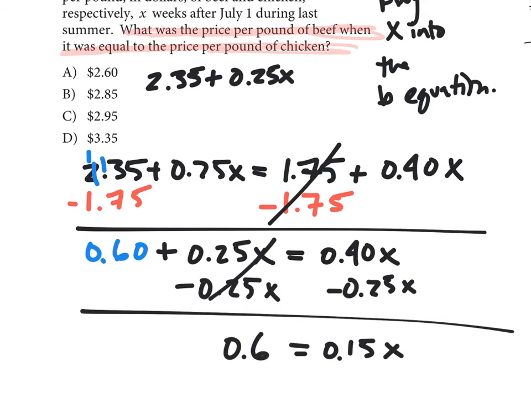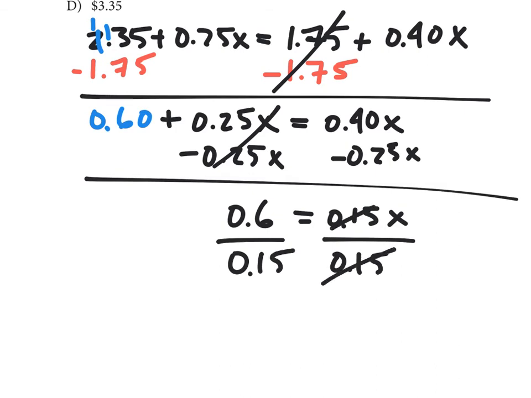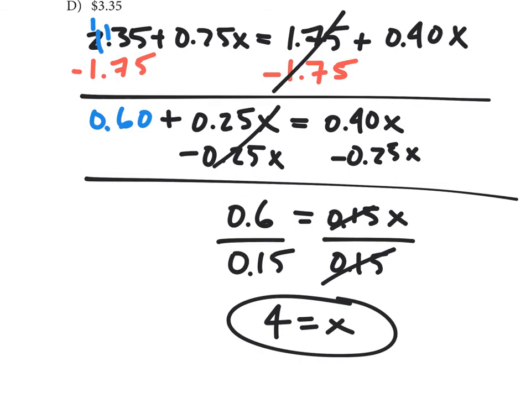At this point, this is where it's hard, because you don't have a calculator. Divide by 0.15. What I did was I just did 60 divided by 15, which is 4. So now 4 is equal to x.